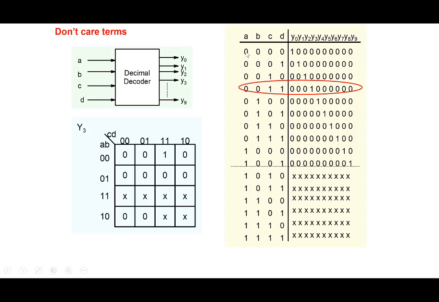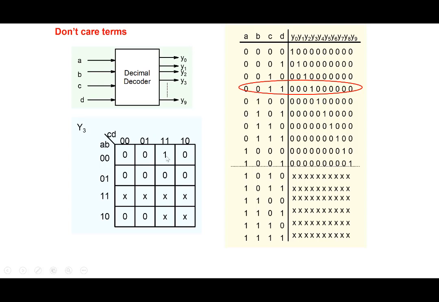Now for 0 to 9 here, if we are writing y3, we have to generate the output y3. So we can write down when y3 is equal to 1. y3 is 0 all the time, except when CD is 1 1, when this is 0 0 1 1.